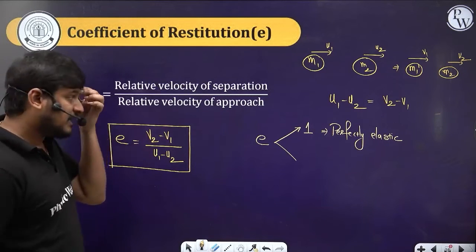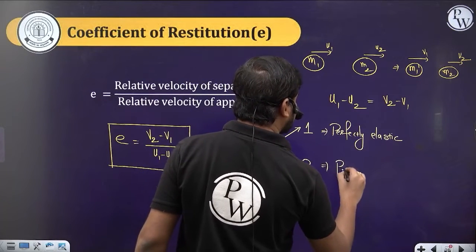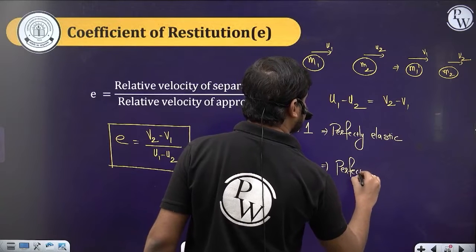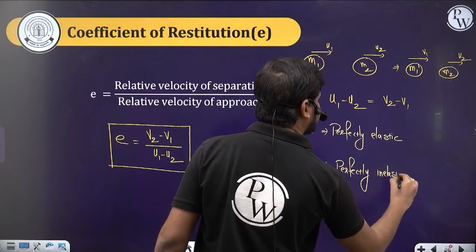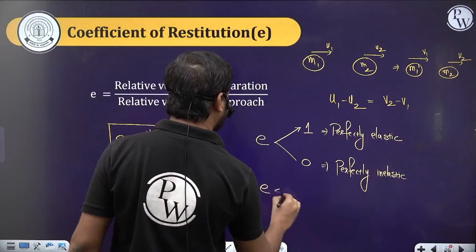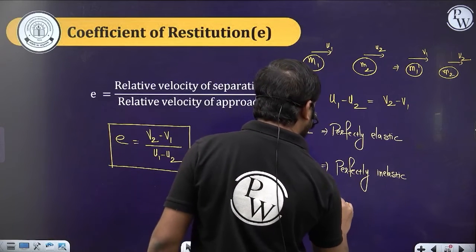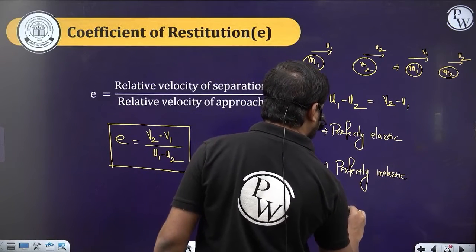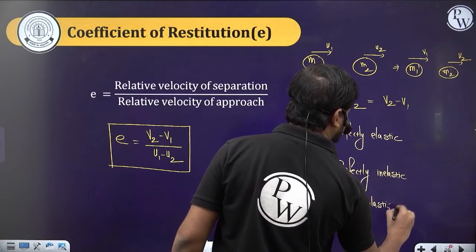If e is equal to 0, it is a perfectly inelastic collision. If e is between 0 and 1, it is partially elastic or inelastic.